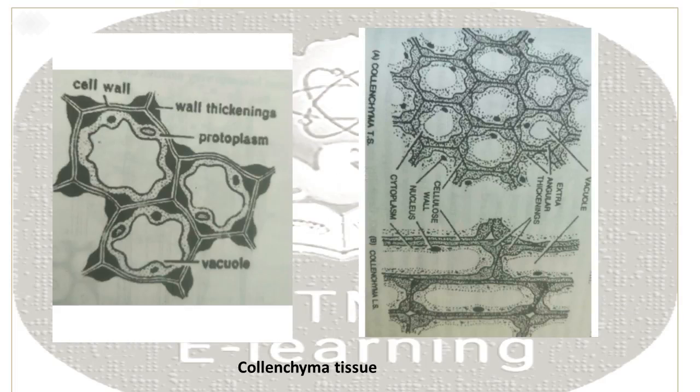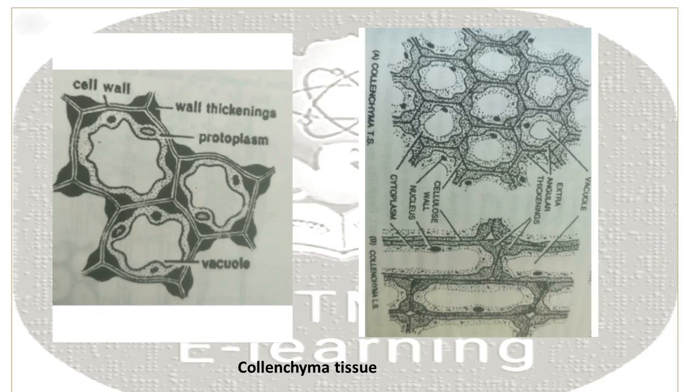Now, this is the diagram of Collenchyma. In the first figure, Collenchyma in transverse section showing wall thickening. The figure shows cell wall thickening, protoplasm and vacuole.